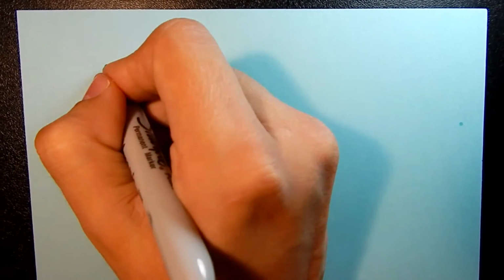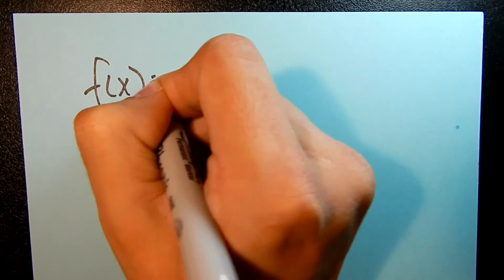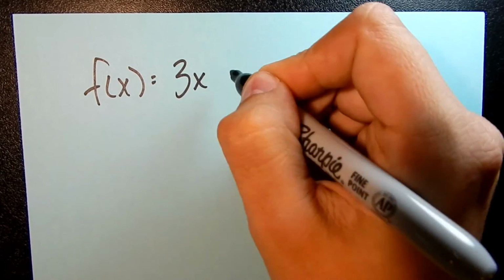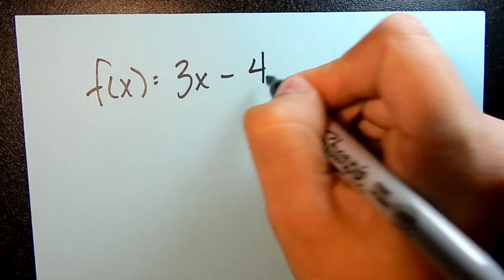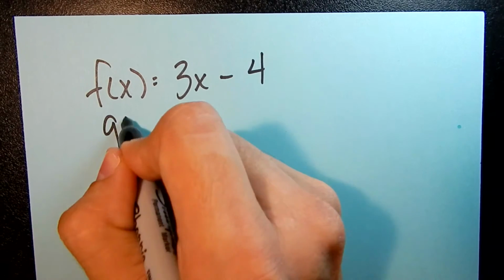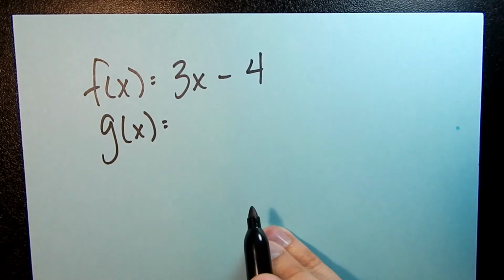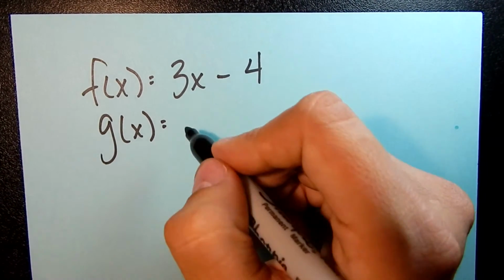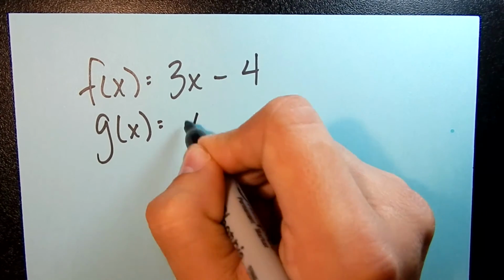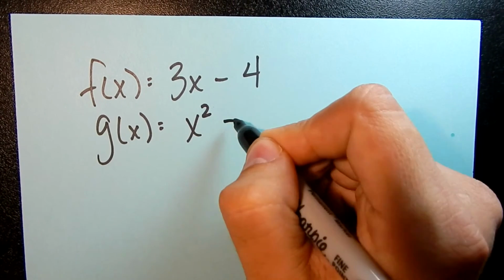So as we're looking at these problems, we'll take a look at some composition stuff here. So f of x, we'll say is 3x minus 4. And g of x is, let's see here, how about something squared and add something?